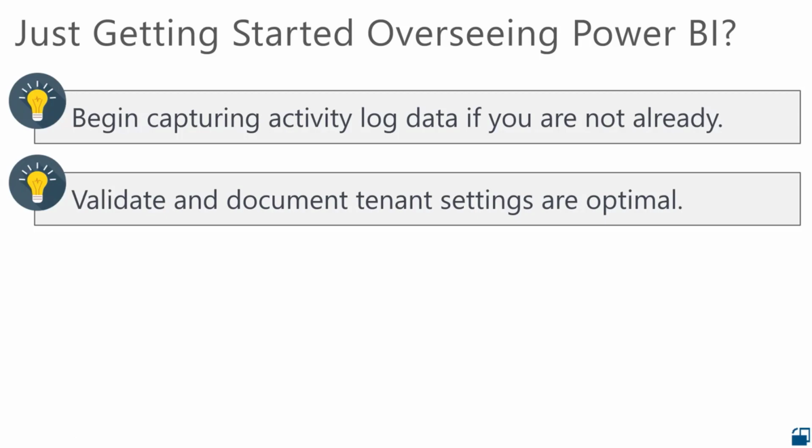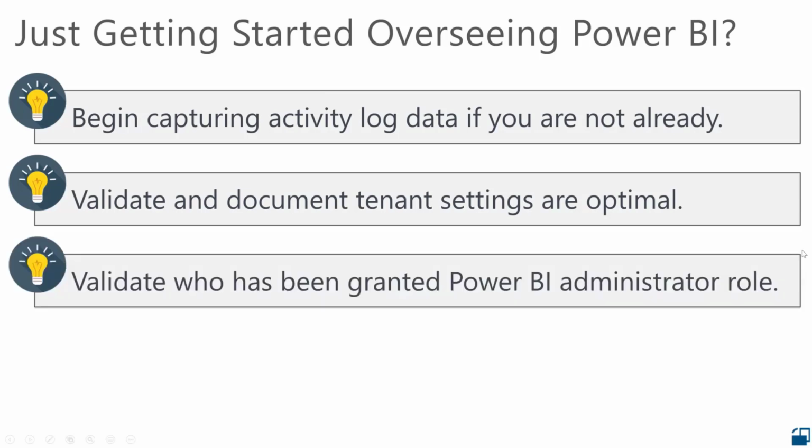Tenant settings, I want you to validate and document them. In the newest version of the Planning a Power BI Enterprise Deployment white paper, there's a link at the end, we put in some tenant setting recommendations. We backed off on a couple of them, so they're not always extremely prescriptive.